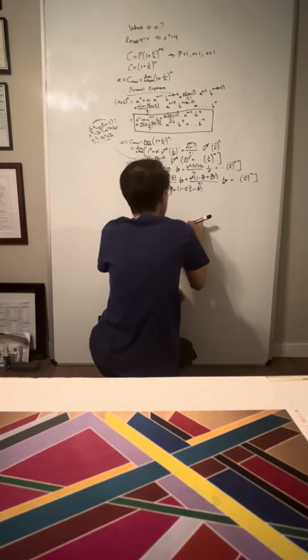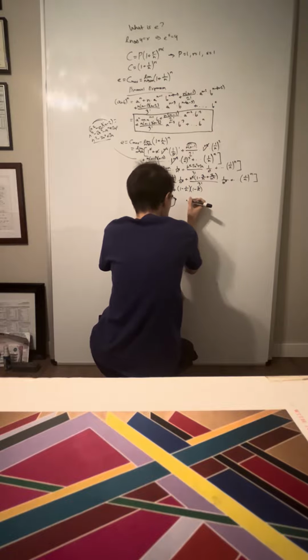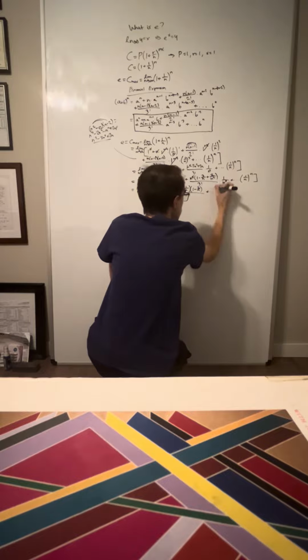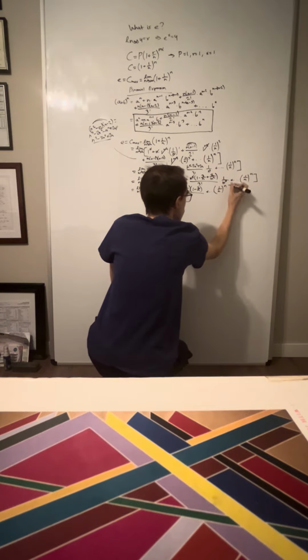Okay, so now put that over 3 factorial plus dot dot dot 1 over n to the power of n.